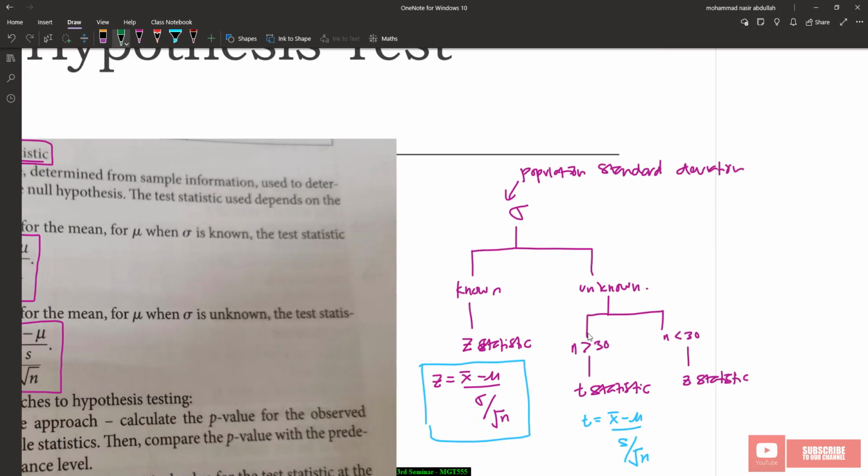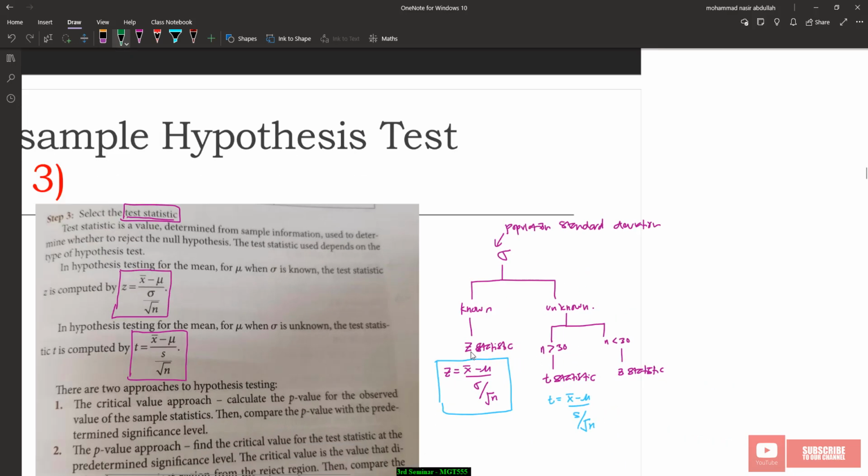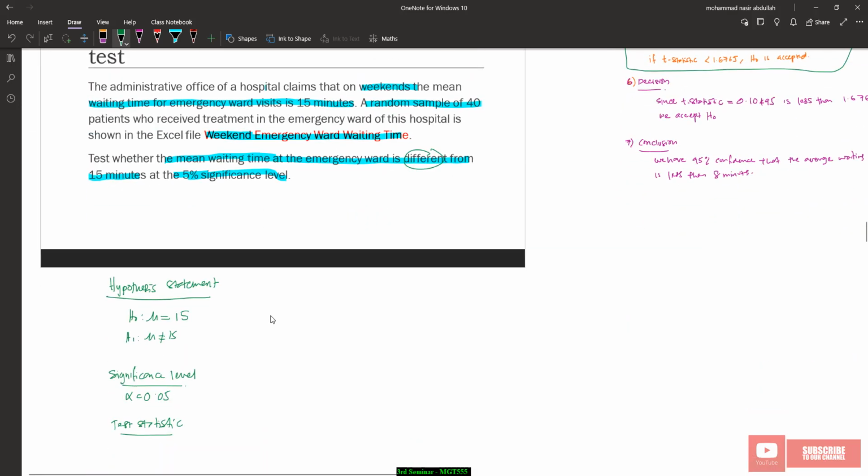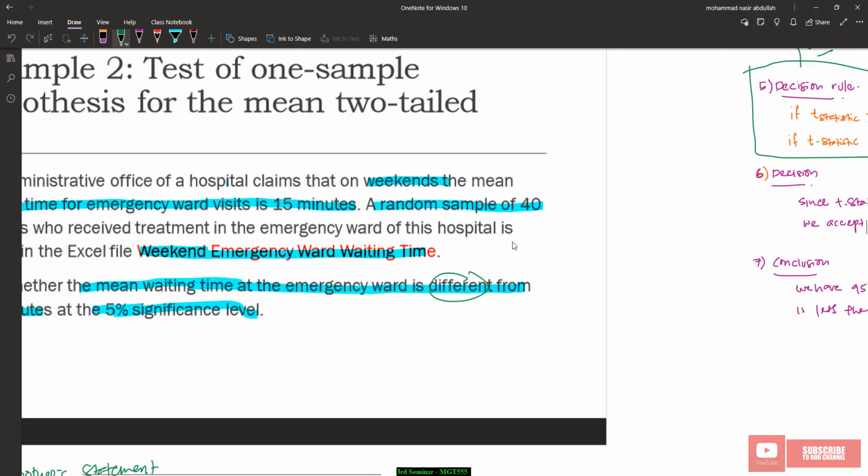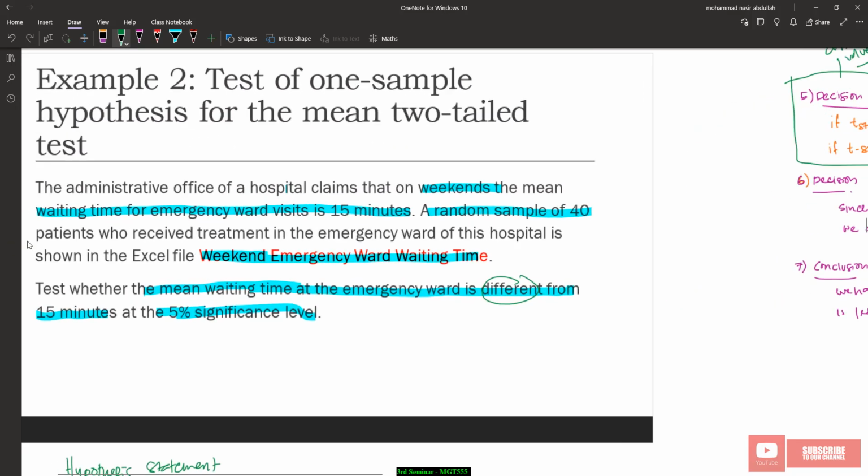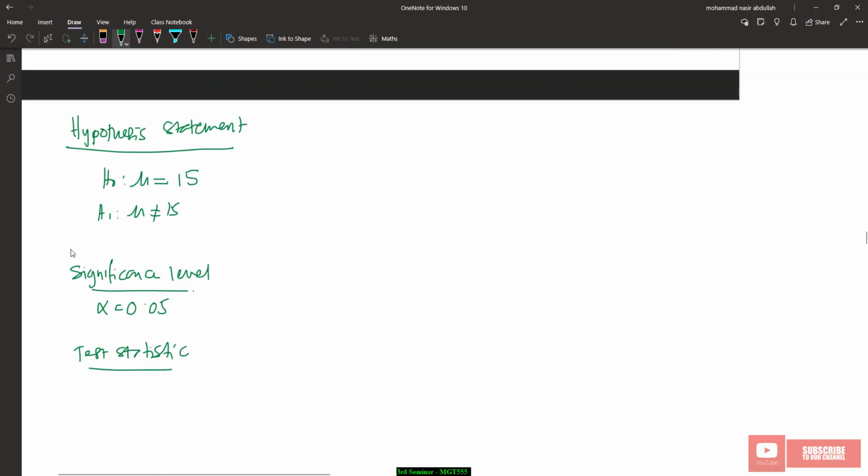When the sample size is more than 30, we are going to use the T statistic. When the sample size is less than 30, we use the Z statistic. Since the sample size is 40, more than 30, we are going to use the T statistic. The T statistic is equal to X bar minus mu divided by S over square root of N.